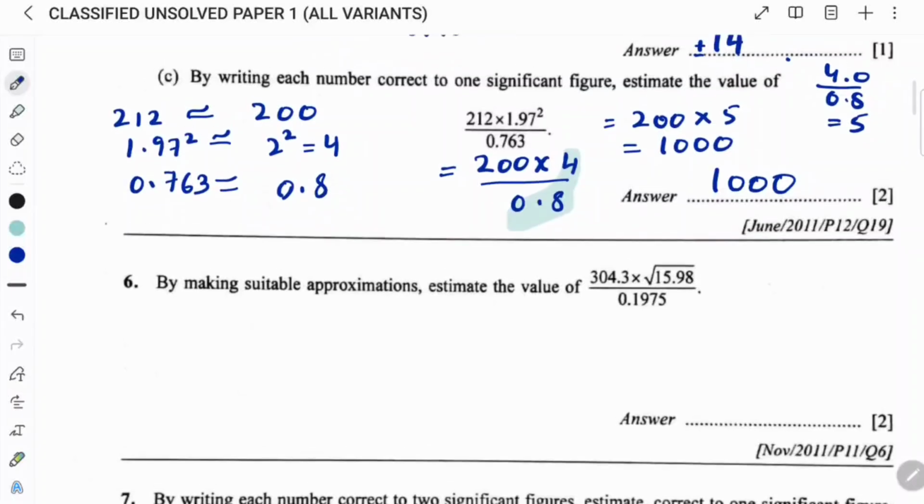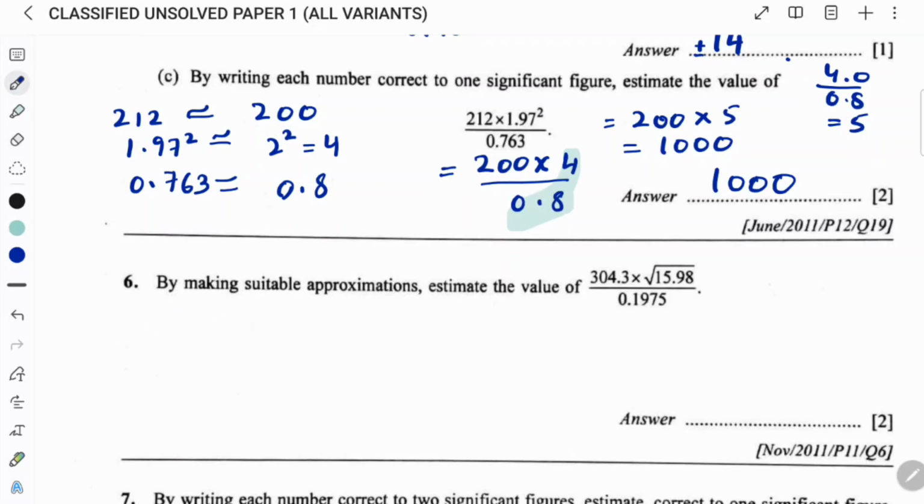The next question is, by making suitable approximation, estimate the value of 304.3 times 15.98 divided by 0.1975. Suitable approximation, we don't need to round off.